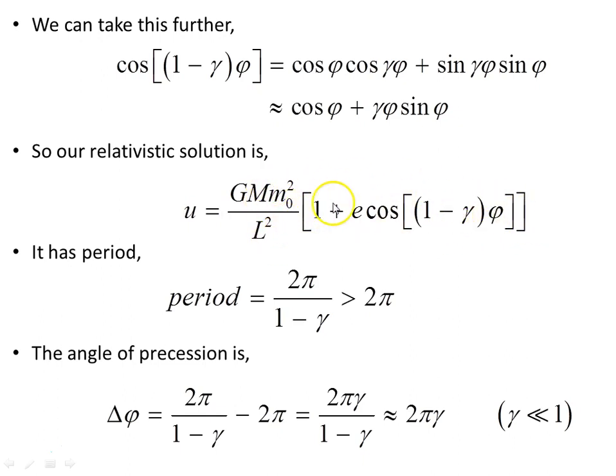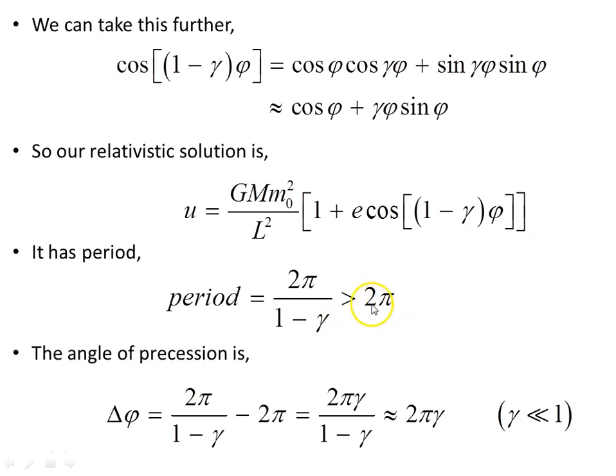Now, what period does this have? Well, the period of this is 2 pi on the constant out in front of the angle here, so it's 2 pi on 1 minus gamma. Now you notice that 1 minus gamma will be less than 1. Remember, gamma is very small, but 1 minus that small will make it less than 1. So 2 pi divided by less than 1 will be greater than 2 pi.